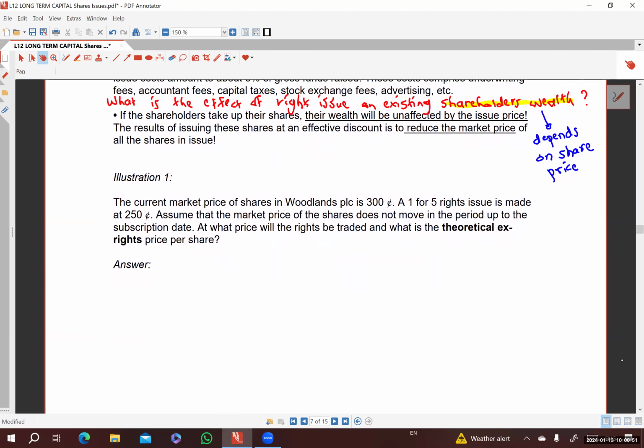So we start from here. The current share price of shares in Woodlands is $3. A 1 for 5 rights issue is made at $2.50. This is the rights issue price.